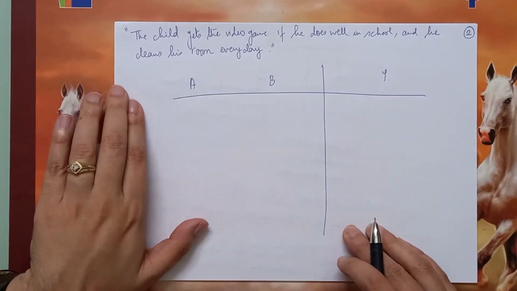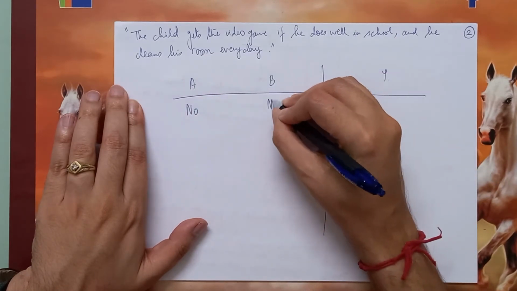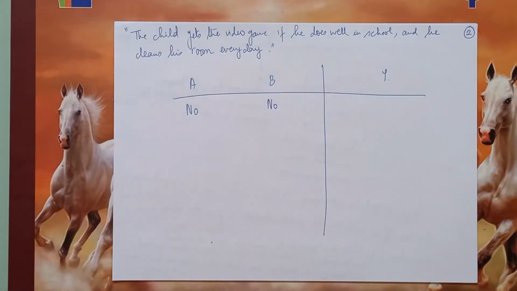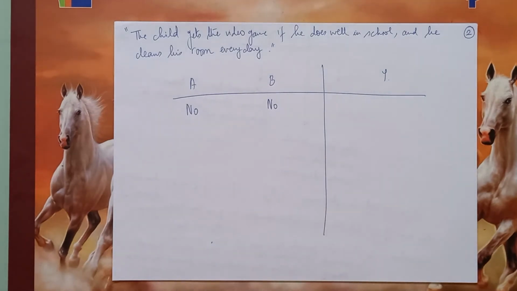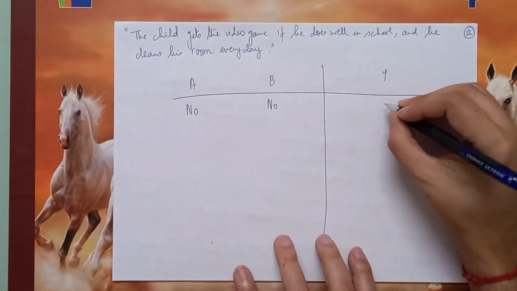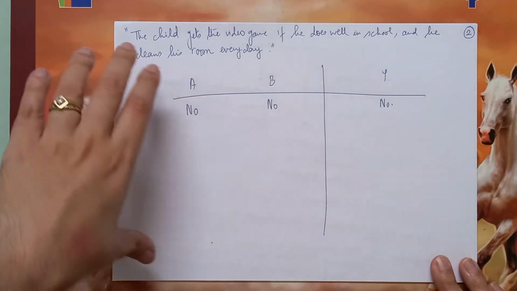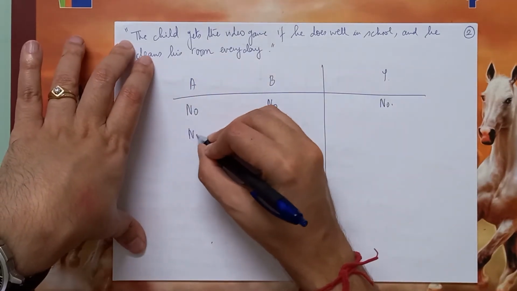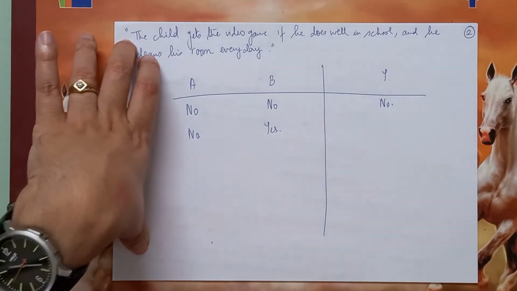Now, suppose A is not satisfied and B is also not satisfied. So the child neither does well in school nor does he clean his room. So therefore, there is no question of giving him the bike. Now suppose the child does not do well in school, but he is able to clean his room every day.